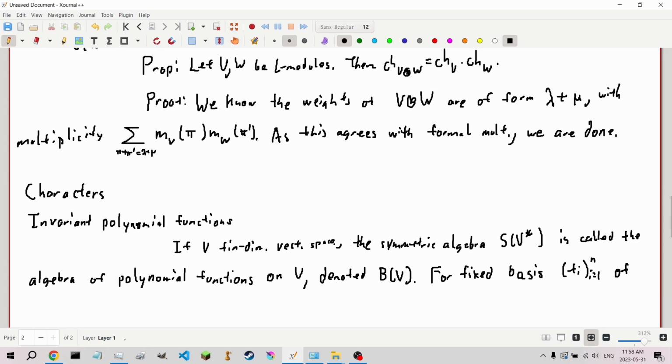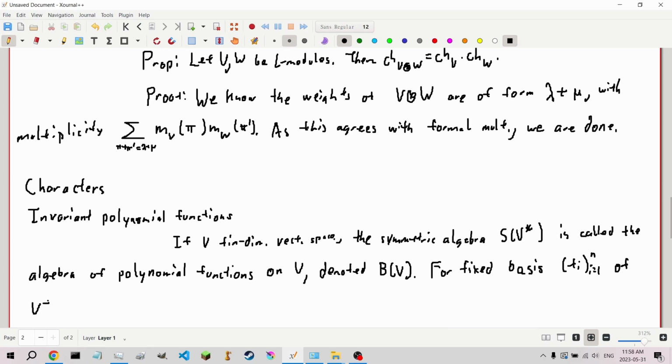For a fixed basis of the dual space, B of V is identified with the algebra of polynomials in n variables, which we label with the elements of the basis of V star.